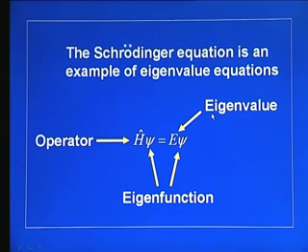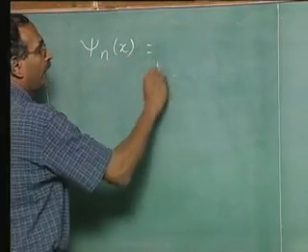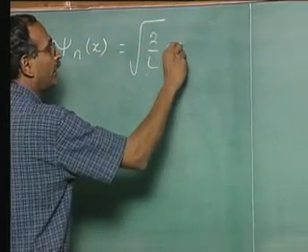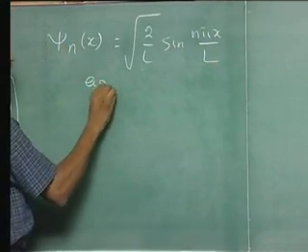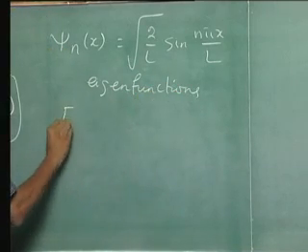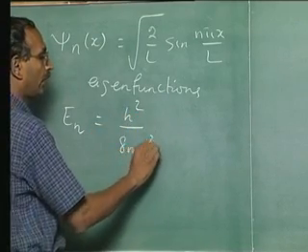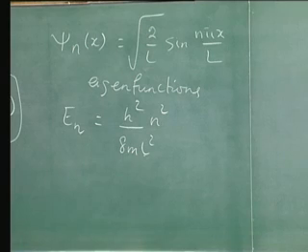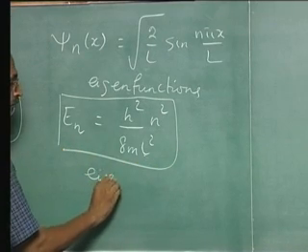In this terminology, for the particle in the one-dimensional box, you might associate with them psi n of x equal to root 2 by L sin n pi x by L as the eigenfunctions, and the energy En, which you obtained as h squared by 8 m L squared times n squared, where the potential is 0 in the box of length L, as the eigenvalues.